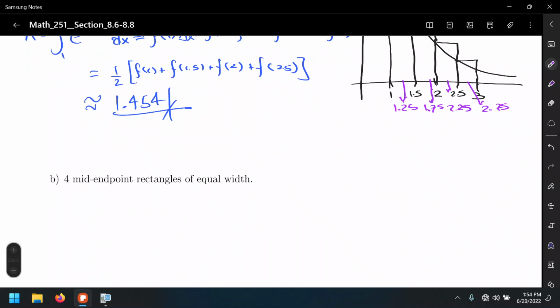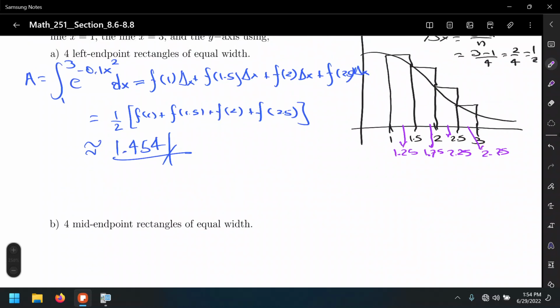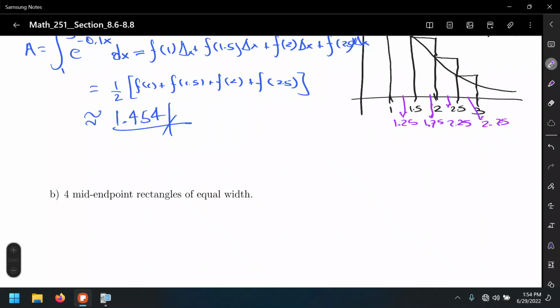All right. So let me again set this up. Area, which is the integral from 1 to 3 of e to the negative 0.1 x squared dx, equals, well, instead of writing all these many delta x's, I'm just going to write 1 half, and f of not 1 this time because we're starting to use the midpoint.